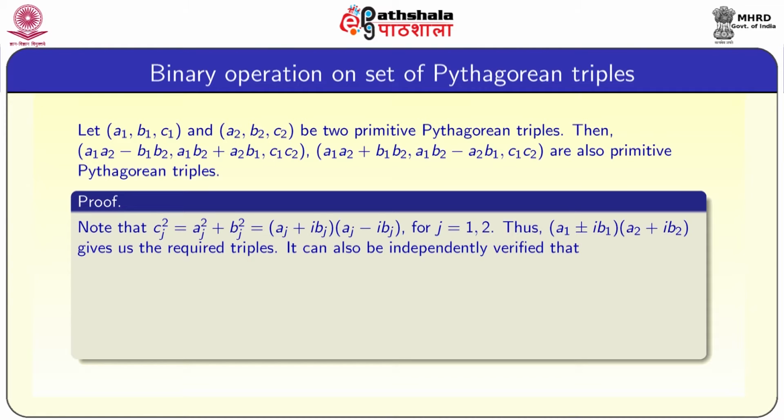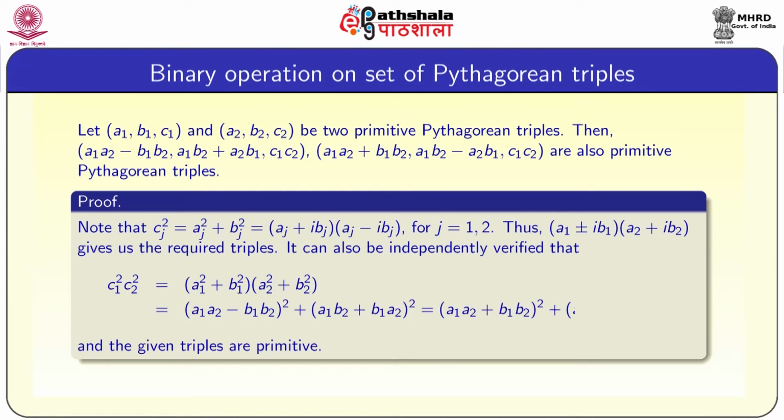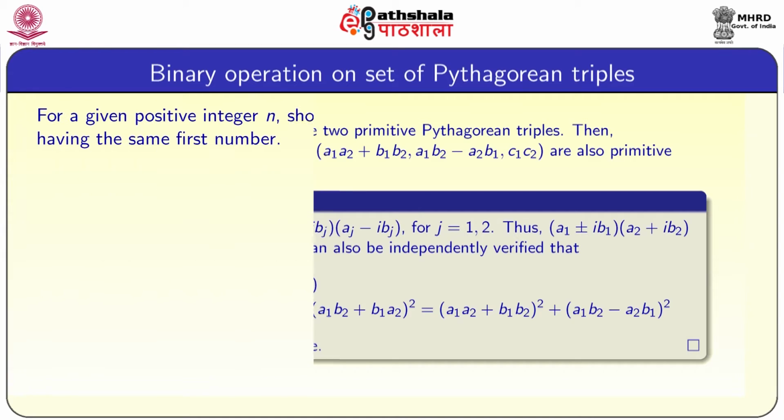It can also be independently verified that c1 square into c2 square is equal to a1 square plus b1 square into a2 square plus b2 square, which is equal to a1 a2 minus b1 b2 whole square plus a1 b2 plus b1 a2 whole square, which is also written as a1 a2 plus b1 b2 whole square plus a1 b2 minus a2 b1 whole square, and that the given triples are primitive is easy to see.